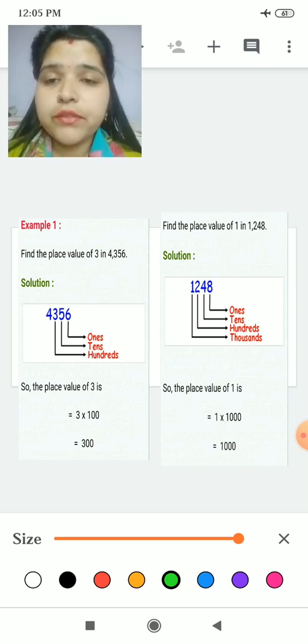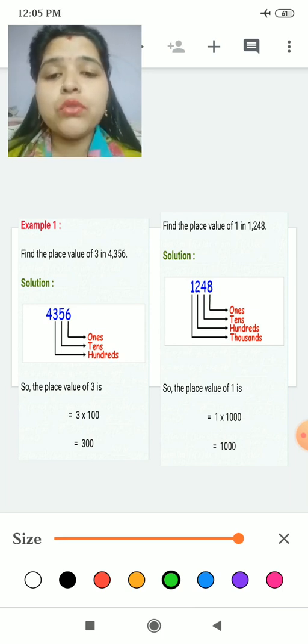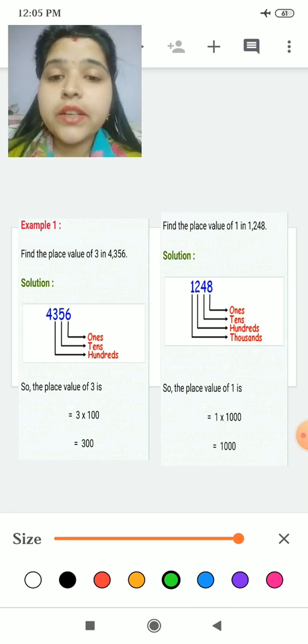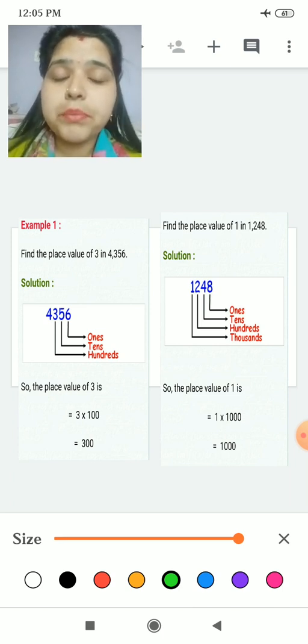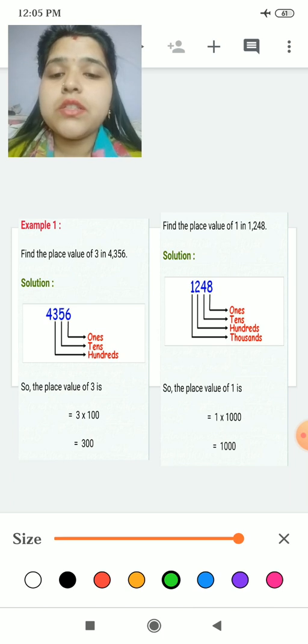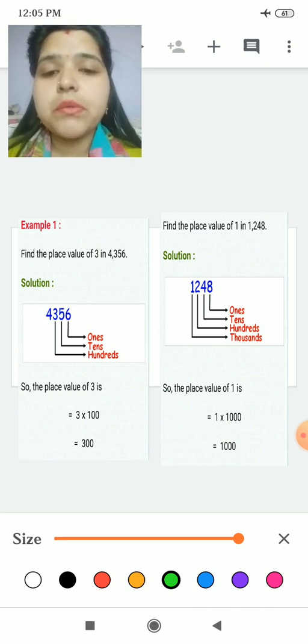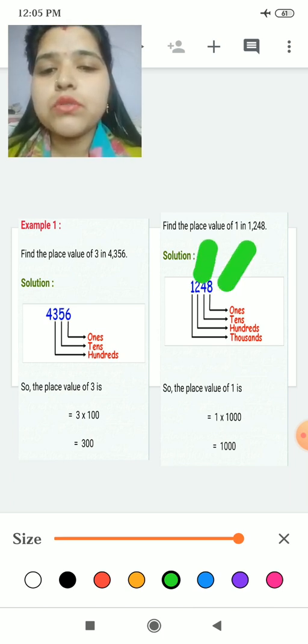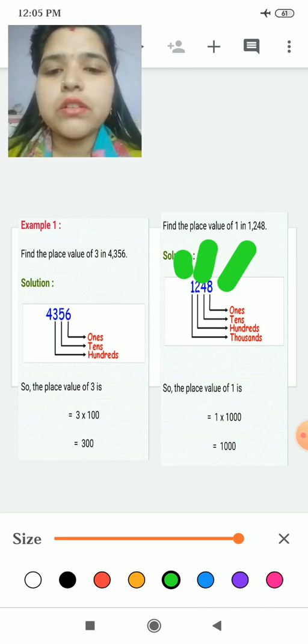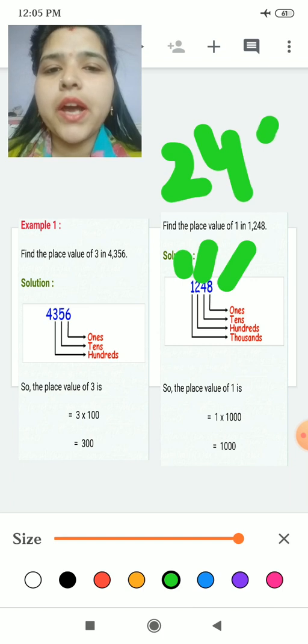Understood? Okay class, this is our place value chart given here. See what is written here: ones, tens, 100, 1000. And this is lakh and this is crore. Ones has how many parts?